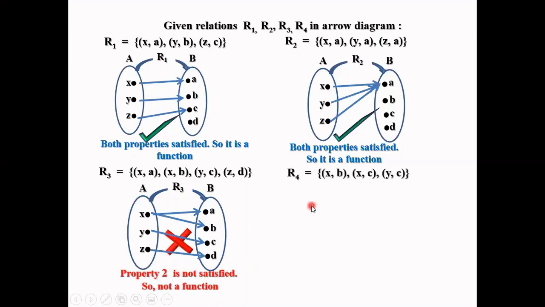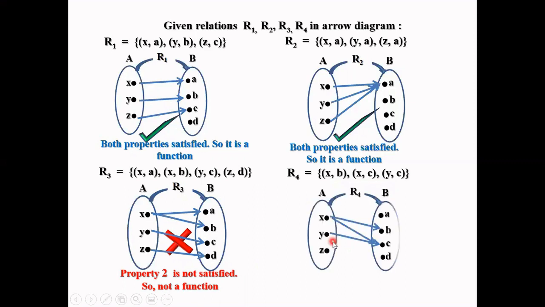Now, another relation: (x, b), (x, c), (y, c). The arrow diagram is here. In this relation, element z has no element associated in set B. That is, z is left over here, which has no element associated in set B. So the first property is not satisfied.